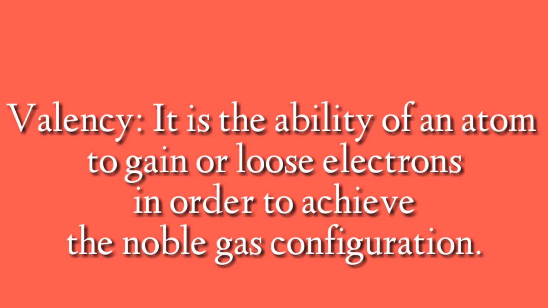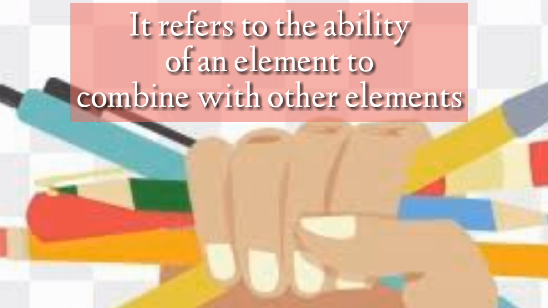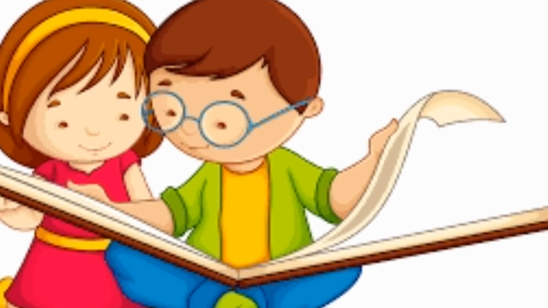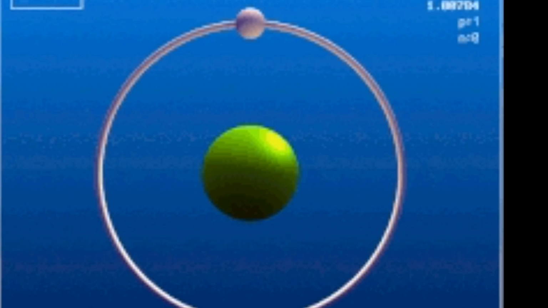The definition of valency is the ability of an atom to gain or lose electrons in order to achieve the noble gas configuration. It refers to the ability of an element to combine with other elements. Now let us discuss it in a bit more detail.